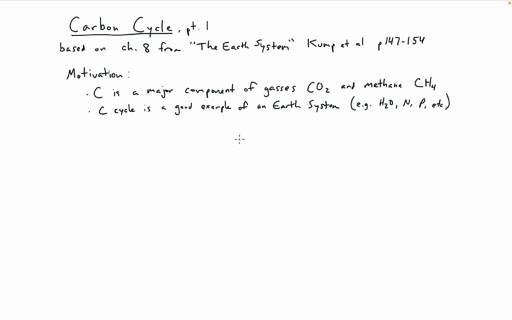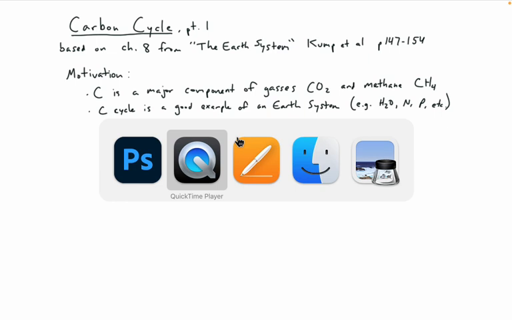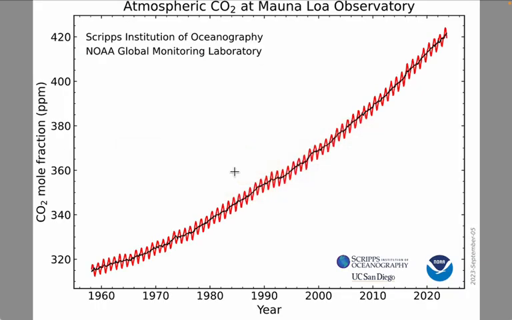So back to that motivation. This is a really crucial plot. Scientists have been measuring CO2 concentrations in the Earth's atmosphere in Hawaii, at the top of a volcano, for many decades now.